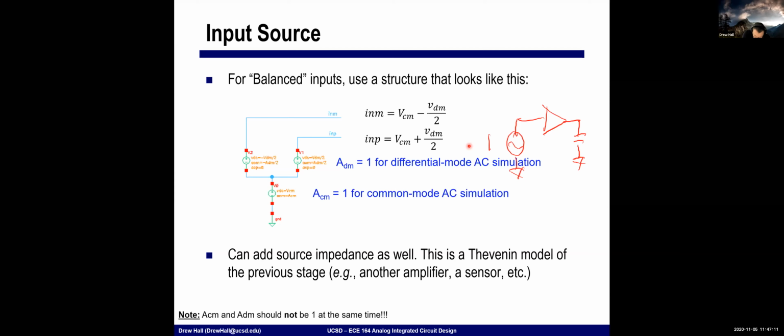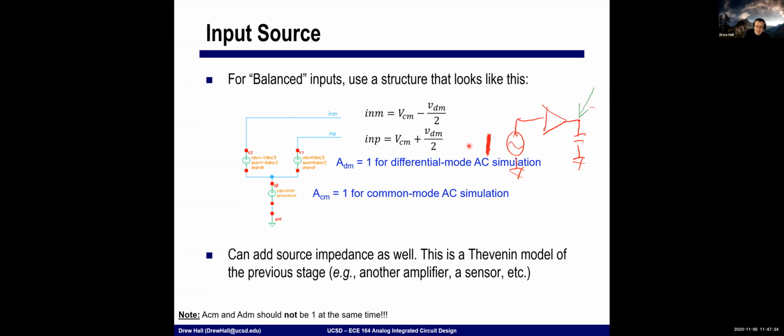Why do I do that? Because after I run the simulation, I just probe the output voltage. And since my input is 1, V out divided by V in is V out divided by 1. That is the gain. Okay? So I don't have to divide by the input.